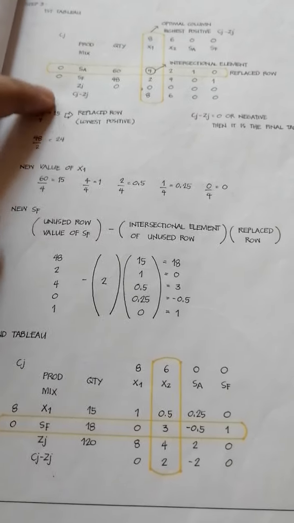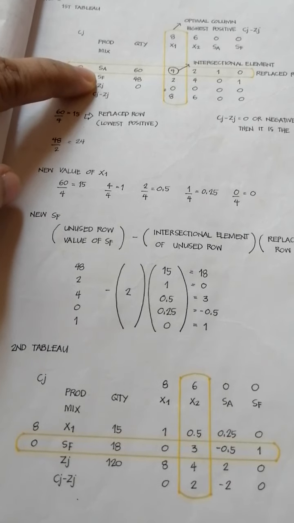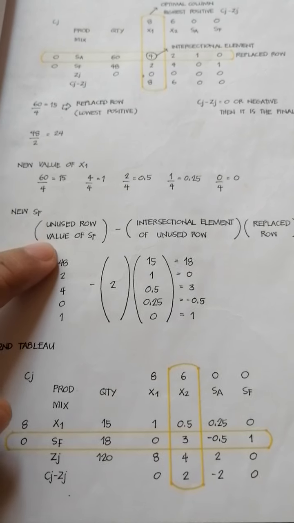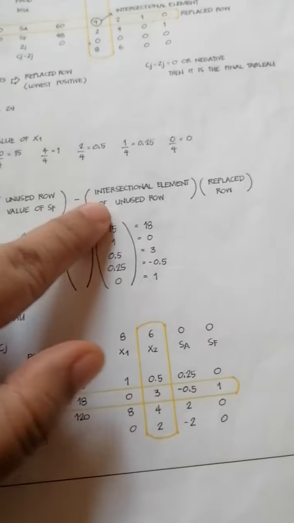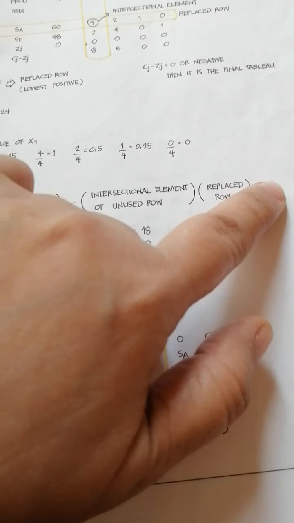And the new value of SF, so it was not replaced, but you're going to compute for the new value. It is equal to the unused row value of SF minus the intersectional element of the unused row and the replaced row.